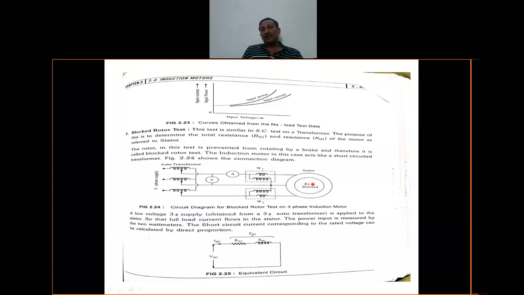The rotor is not allowed to rotate by the brake arrangement. That is the block rotor test, which is similar to the short circuit test. Short circuit means here blocked rotor.